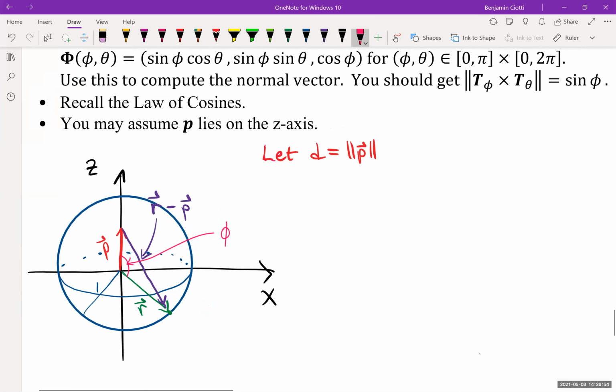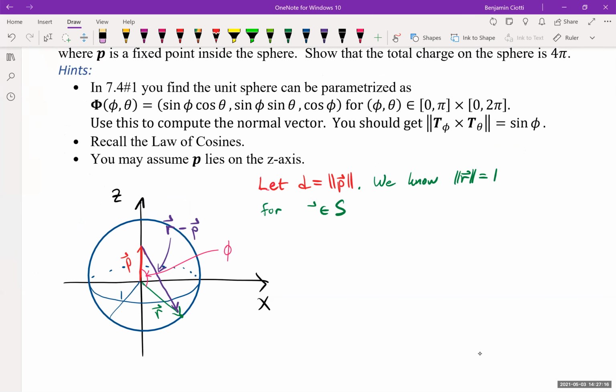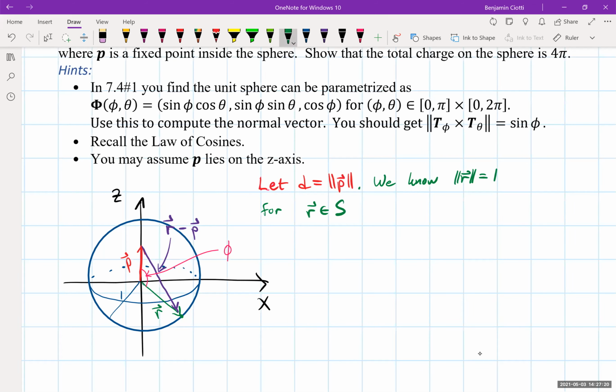So let's see. We know that the length of r is 1, at least for points on the sphere, to be a bit more precise.